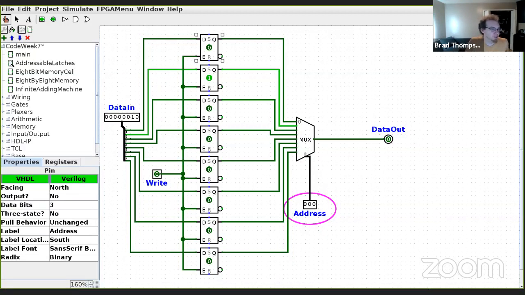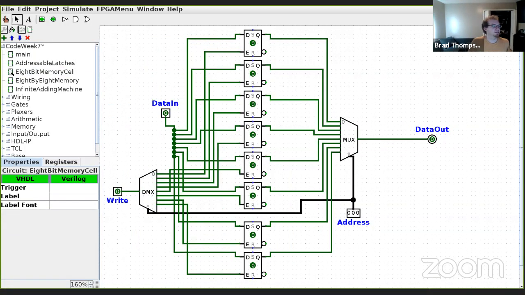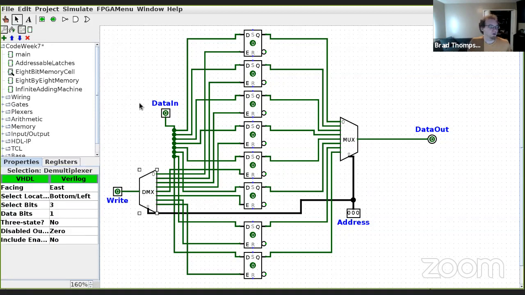To scale this up a little bit, the next thing the book talks about is taking in 1 bit at a time, figuring out which of our 8 latches to save that bit into, and then sending that out. So we still have our address and our multiplexer, but over here we have what the book calls a decoder, what everything else seems to call a demultiplexer, which does the opposite of the multiplexer.